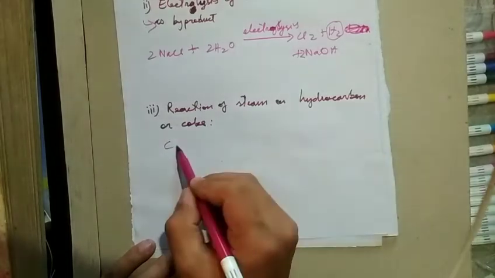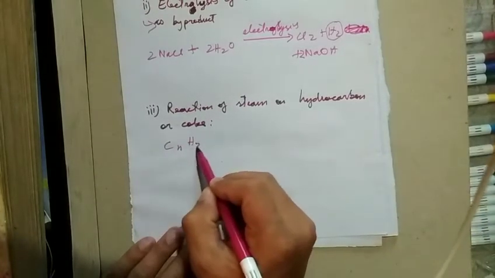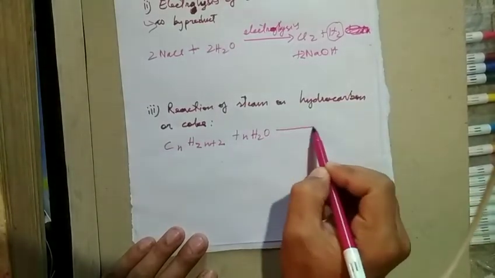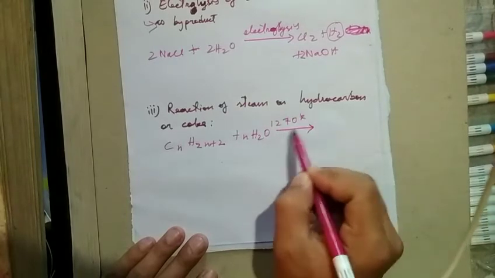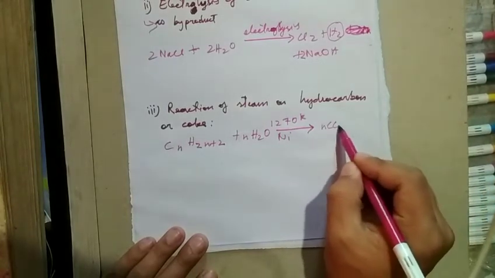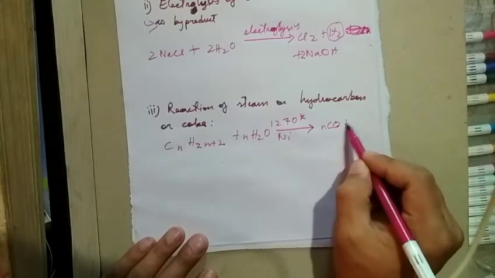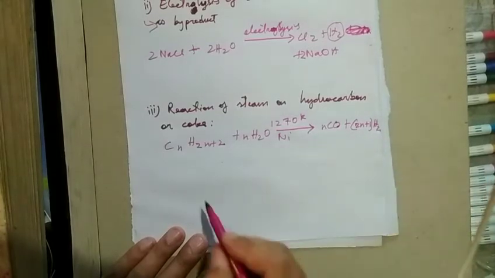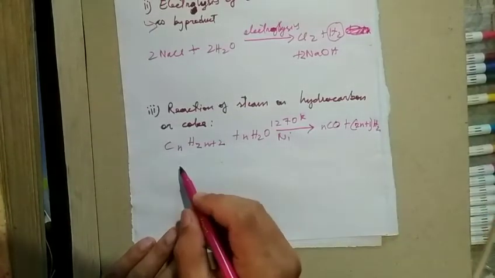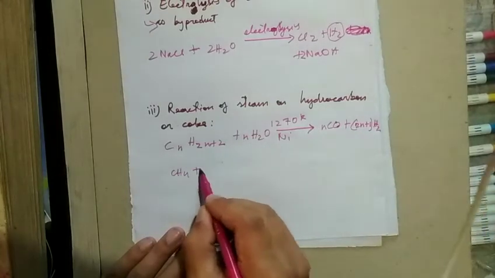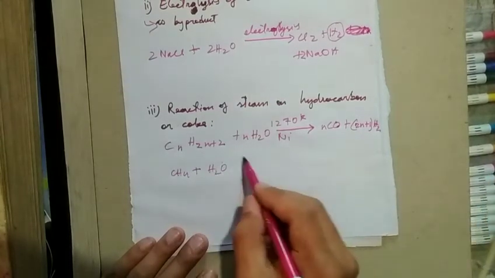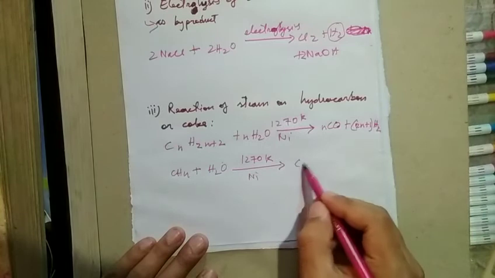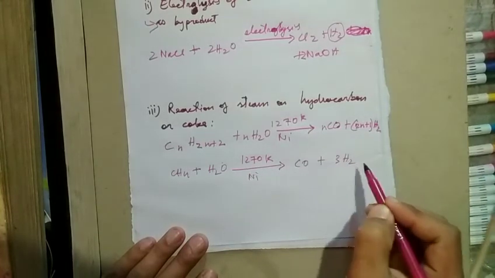So for a hydrocarbon, this is a general formula: CnH2n+2 plus nH2O at 1270 Kelvin with nickel gives nCO plus (2n+1)H2. An example is CH4 plus H2O, methane plus water, at 1270 Kelvin, to give carbon monoxide and dihydrogen.